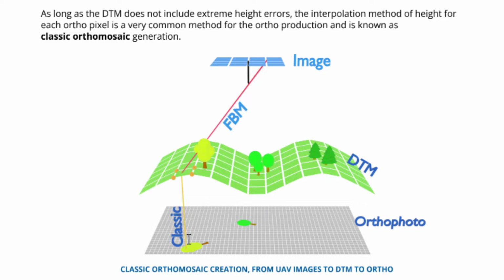Of course, look at this tree here. It's shown by a tree, but we could also use a building; trees are just easier to understand. If I have on my image the crown of my tree where this red line enters the tree, then we don't have a terrain model representing the top of the tree. Our terrain model, the green one, is at the bottom of the tree, at the ground.